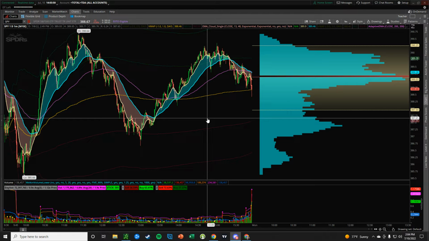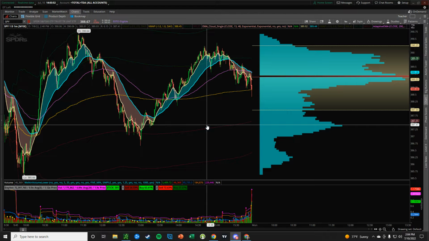So as the buyers and the sellers are battling it out, when they're pretty evenly matched, or when they keep giving power back and forth to each other, we get these balancing areas. And oftentimes we'll refer to them in a day time frame, week time frame, or intraday as consolidation areas.